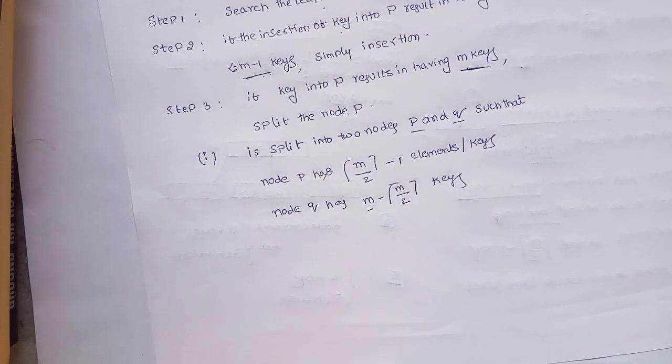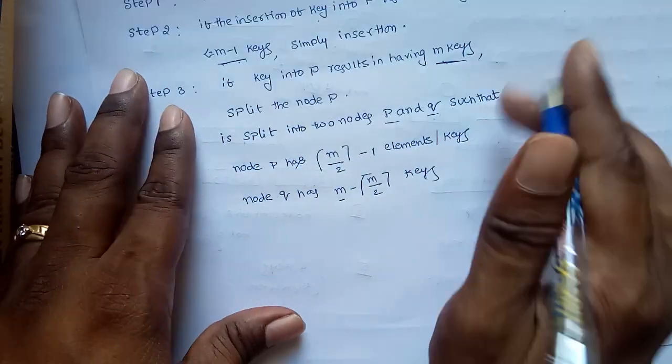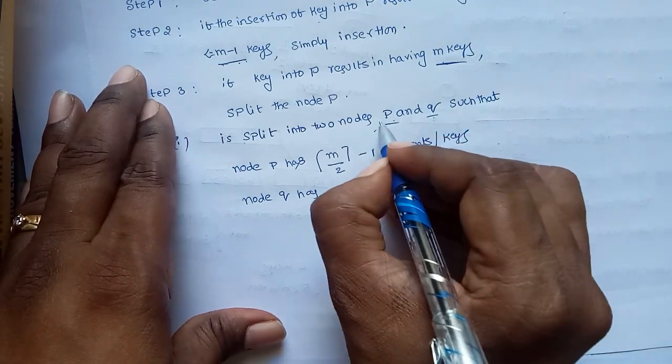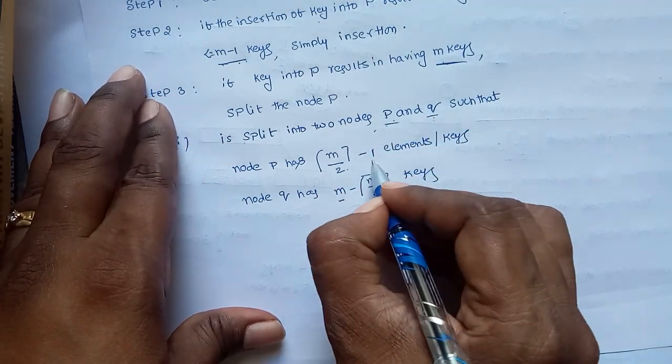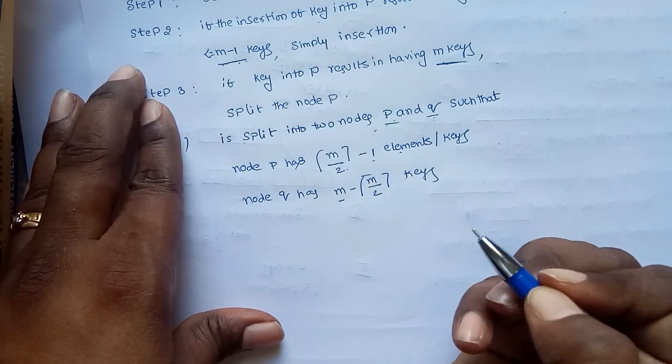Remember, keys or elements are the same. We have a total of m keys, and after splitting, P contains m by 2 minus 1 keys and Q contains m minus m by 2 keys.